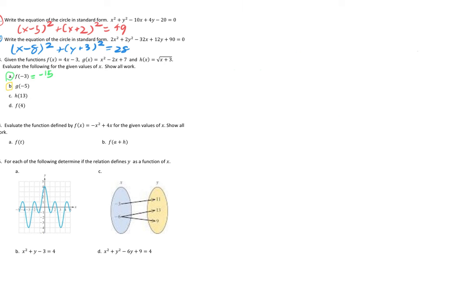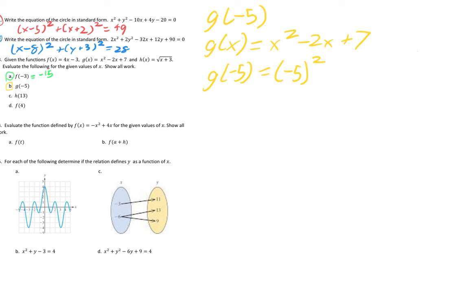Now looking at 13b here, we want to find what g of negative 5 is. So g of x is equal to x squared minus 2x plus 7. So for g of negative 5, we want to plug in a negative 5 anywhere we see an x in our equation. So we're going to have negative 5 squared minus 2 times negative 5 plus 7.